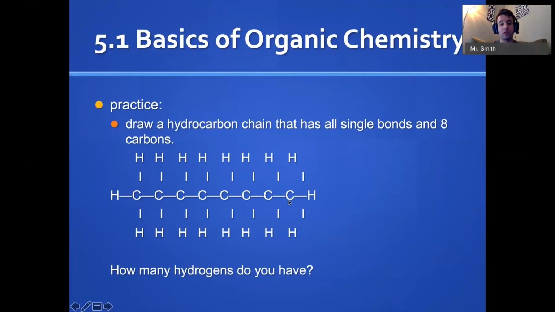What you'll notice is that each carbon is going to have four bonds coming off of it. So every carbon gets a hydrogen above it and a hydrogen below it. Your two end carbons are also going to have a hydrogen to one side and a hydrogen to the other side. That means you're going to have a total of 18 hydrogens.